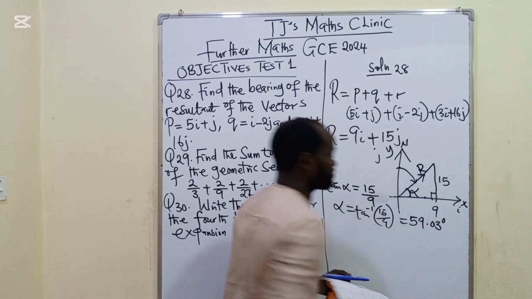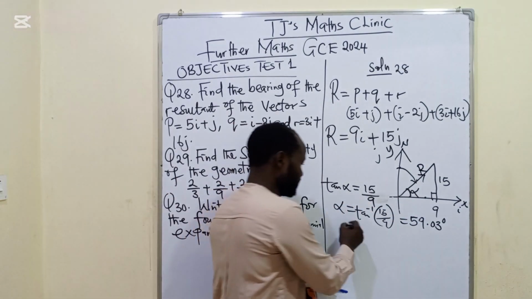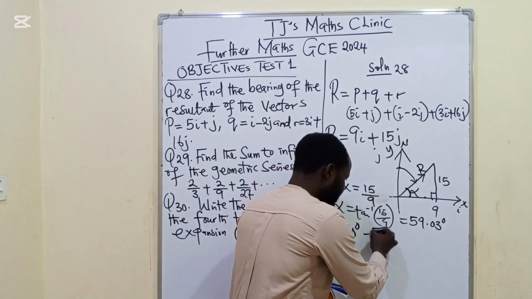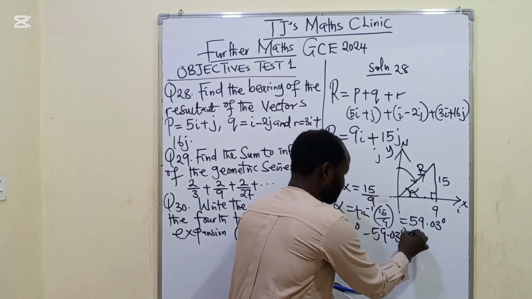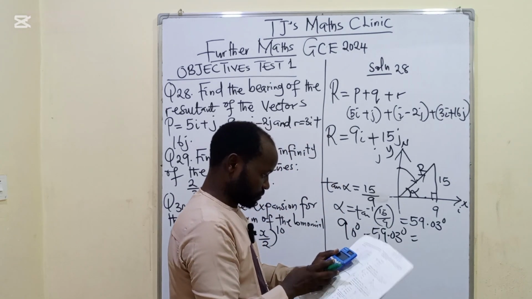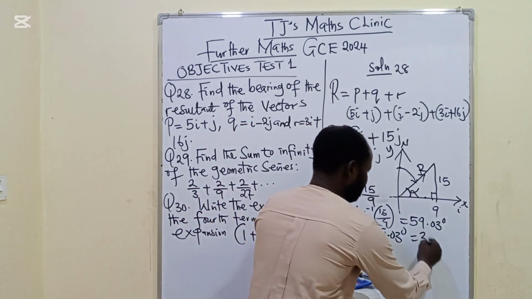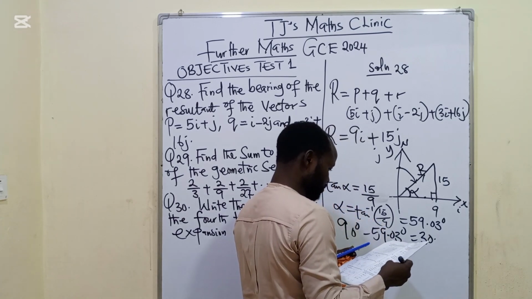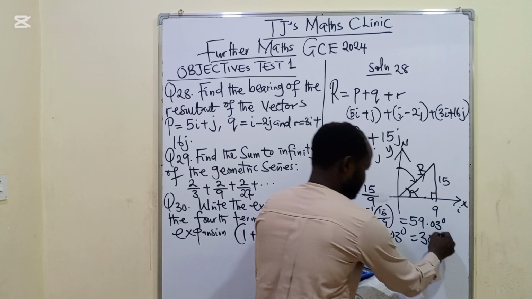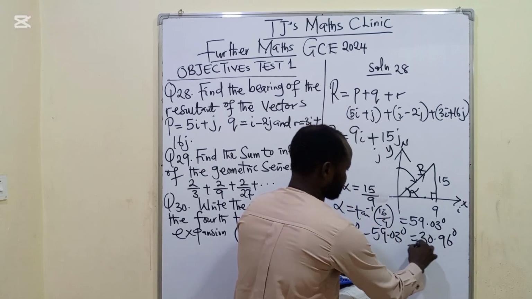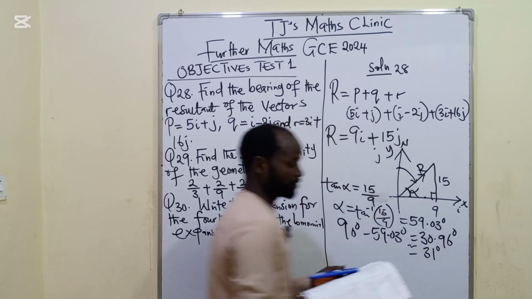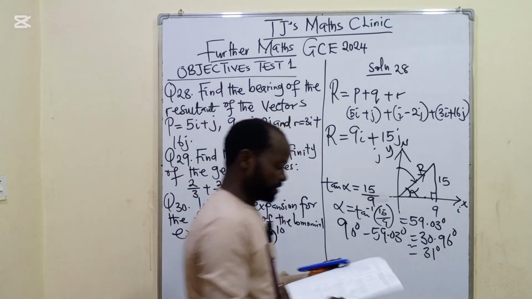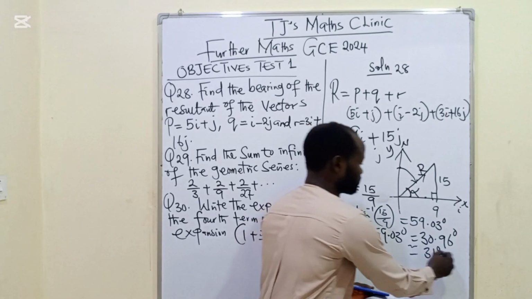The bearing of the resultant will be 90 degrees minus this alpha, which is 59.03 degrees. Removing this from 90, we have 30.96 degrees. Approximately it will be 31 degrees. So the bearing of the resultant is 31 degrees, and the correct option is option A.